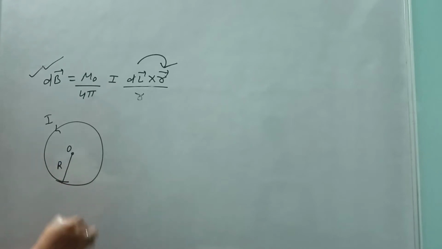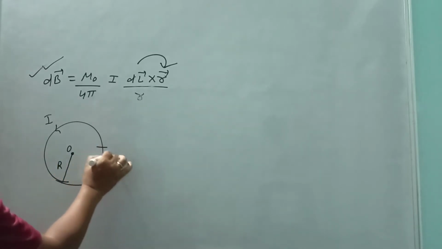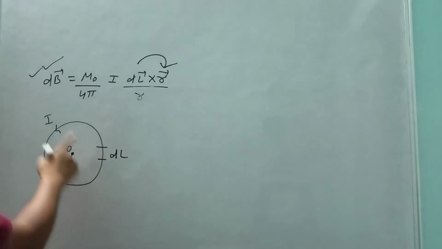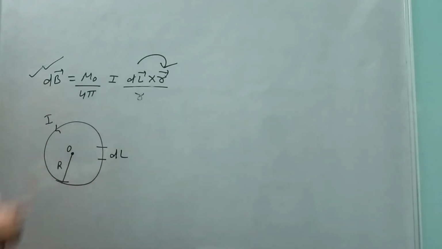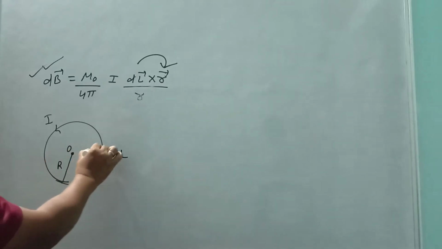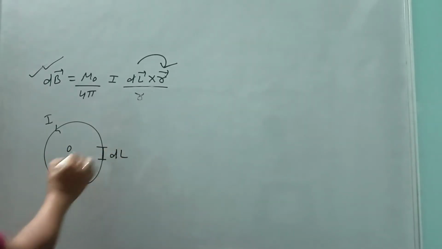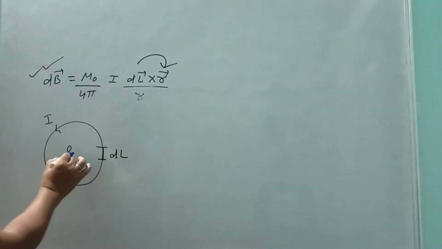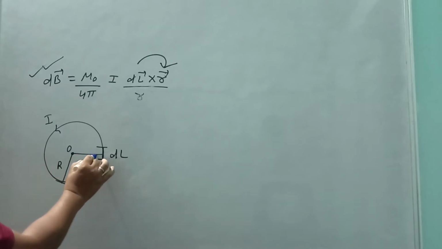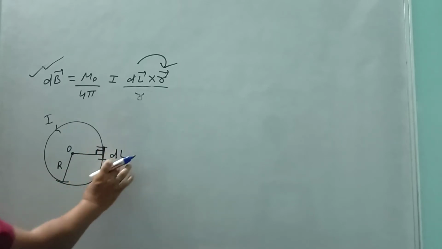So how to find out? You consider a small element dl, because Biot-Savart law is valid for this small element. So this dl is like that, and you join, and this angle is what? 90 degree. Always radius is perpendicular to this tangent or small element dl.